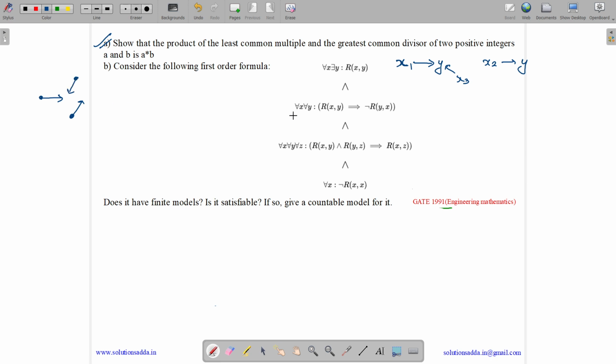Okay. Now let us see option B. For all x, for all y, if Rxy exists, then Ryx does not exist. Okay.